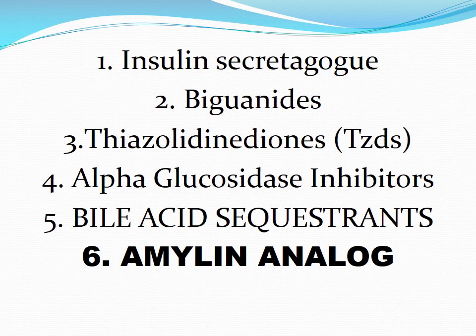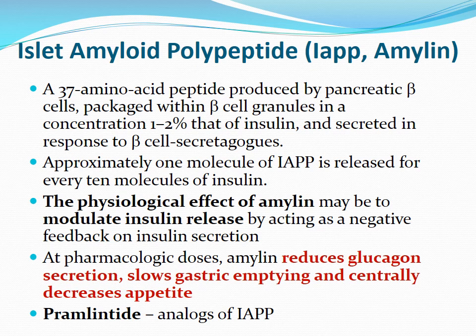The sixth group is amylin analogs. Amylin, or islet amyloid peptide, is a 37 amino acid peptide produced by pancreatic beta cells and stored in the beta cells.